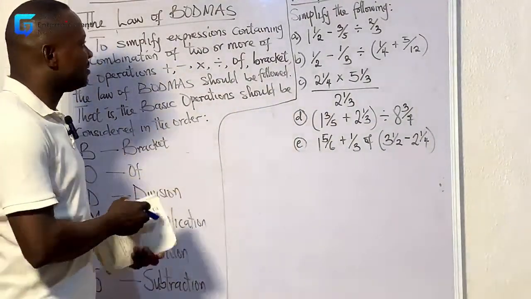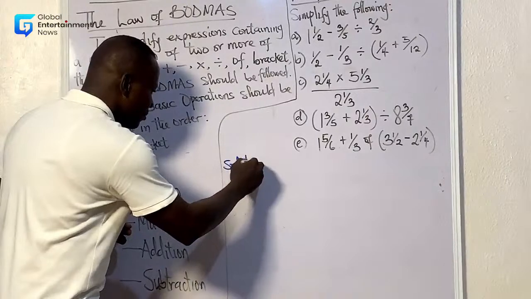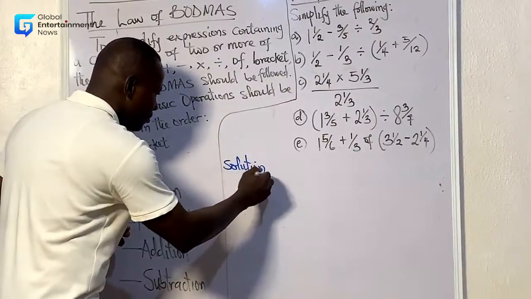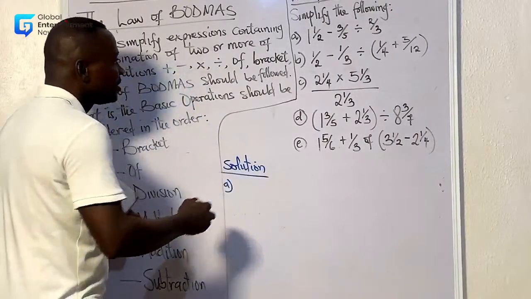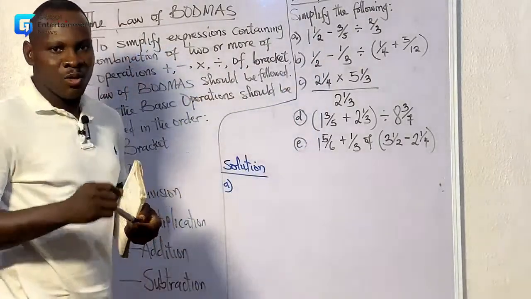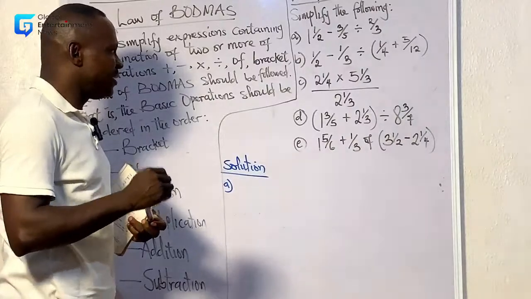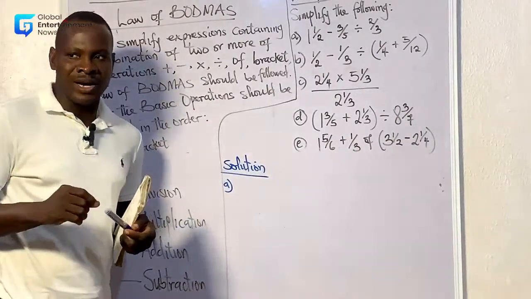Example number 1. The question says, simplify the following: 1 whole number 1 over 2, minus 3 over 5, divided by 2 over 3.